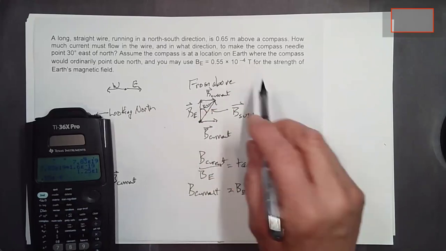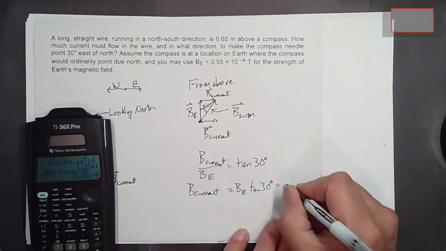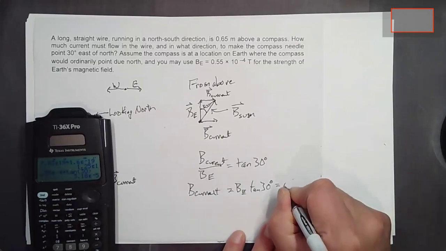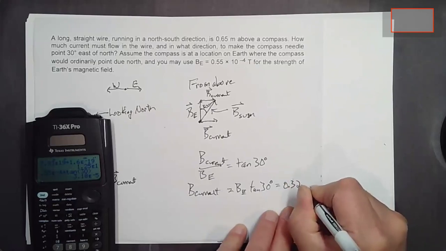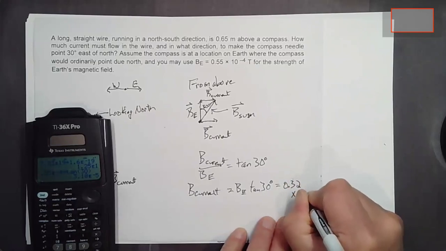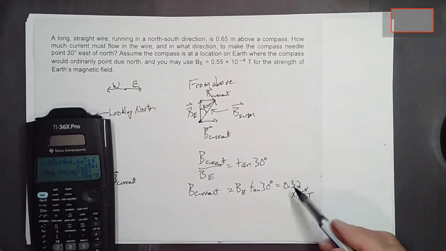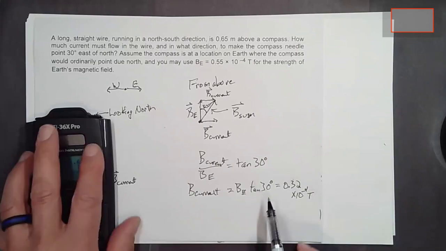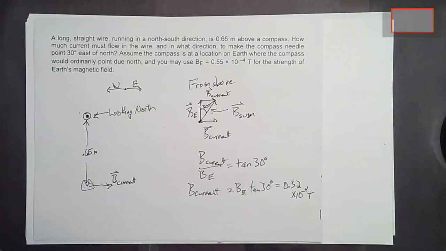But anyway, that times the tangent of 30. It's in degrees, good. So I'd get about 0.32 times 10 to the minus 4th Tesla, or 0.32 Gauss for the magnetic field of the current that we have here.